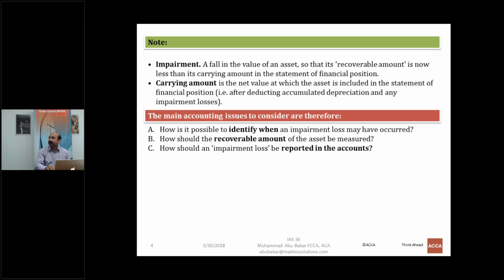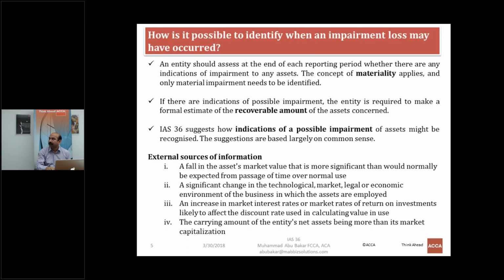Okay, we shall try to answer these 3 main issues. Number 1, how is it possible to identify when an impairment may have occurred? How should the recoverable amount of the asset be measured, and how should an impairment loss be reported in the accounts? Okay, first question.